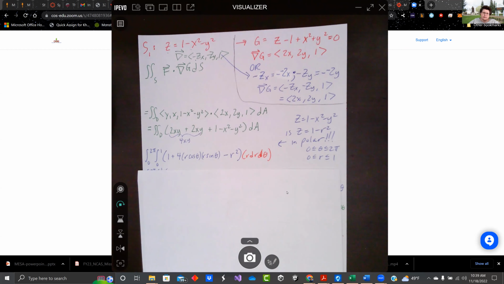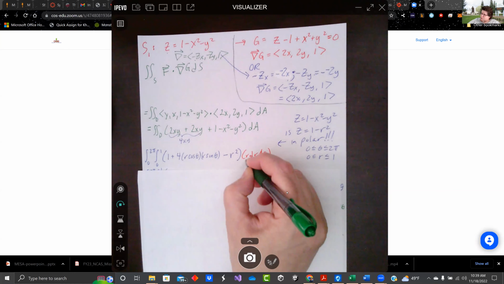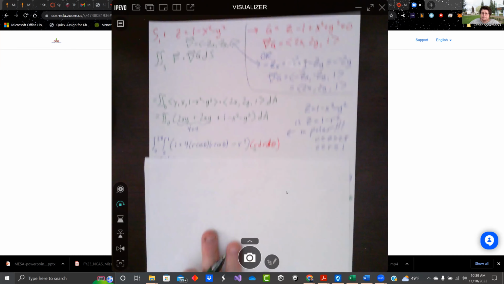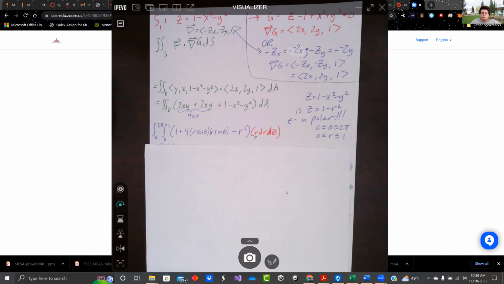Remember, x is r cosine theta, y is r sine theta, and negative x squared minus y squared ends up being negative r squared. Don't forget your correction factor when you switch to dr and d theta for polar. Our radius was 1, the unit circle.